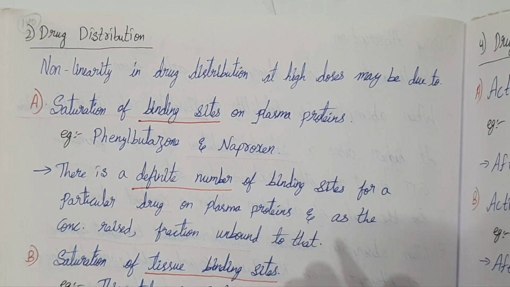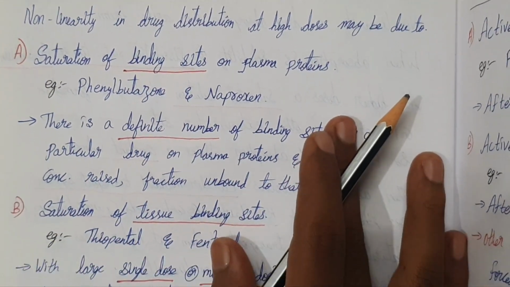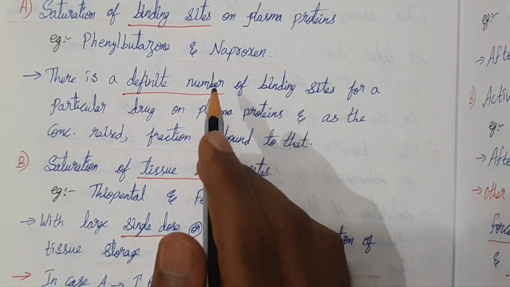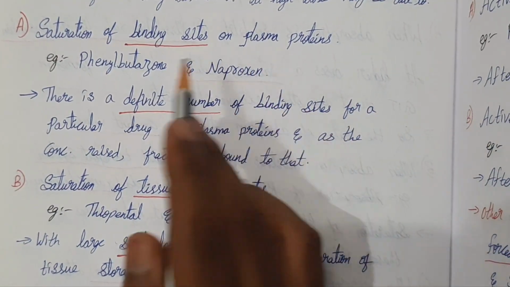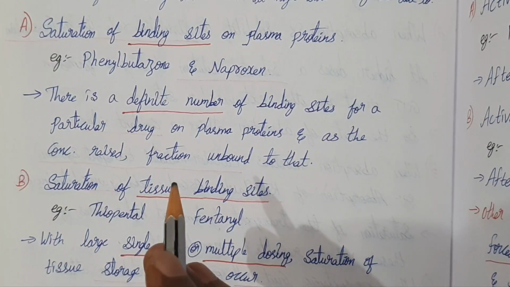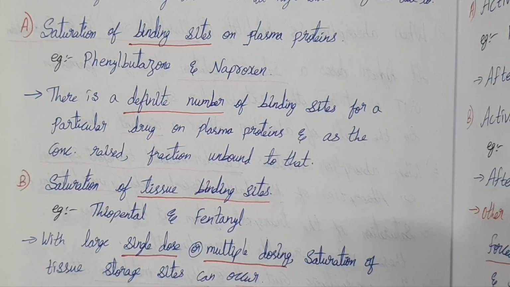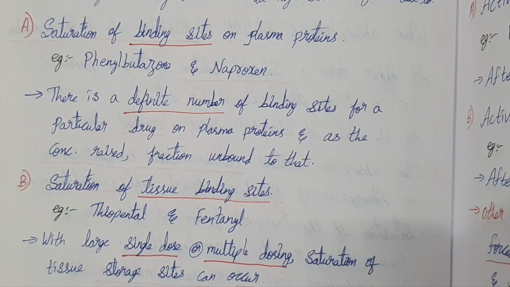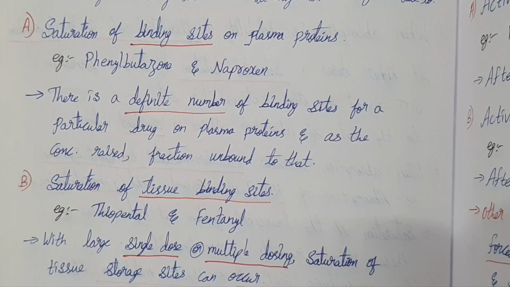Now we have the non-linearity in drug distribution. It is caused by saturation of binding sites. First we will see plasma protein binding. Drugs like phenylbutazone and naproxen have limited binding sites. So when saturation is achieved, the free drug concentration will be increased.